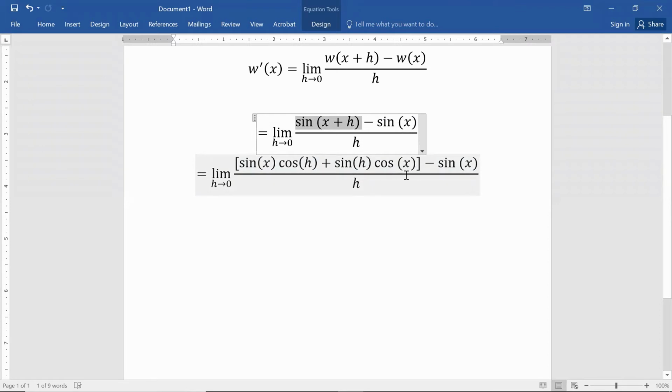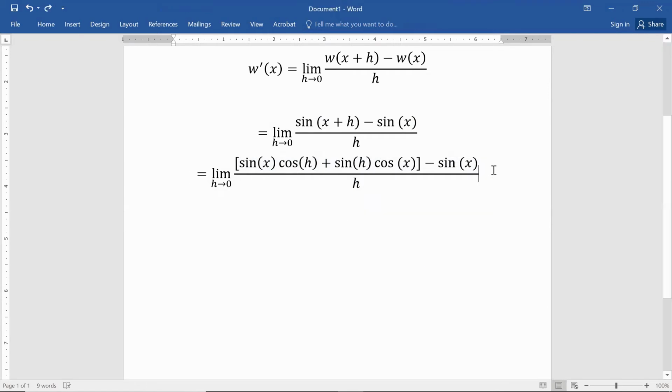Now, what can we do once we have that trig identity? Well, we can group the sine of x piece together with this sine of x piece, and we can create essentially two separate fractions, one with our sine x in it and one with our sine h in it. So here's how we do that.